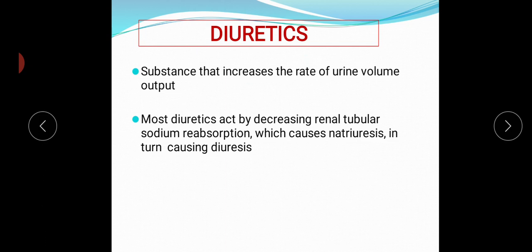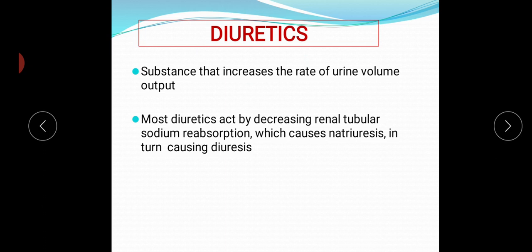The main purpose of diuretics is to remove the excess water, but primarily they do that by preventing the reabsorption of various solutes from the kidney, mainly sodium. By preventing sodium reabsorption, they remove more sodium from the kidney, and that is known as natriuresis.